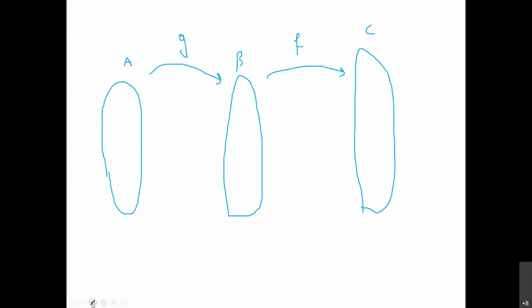The definition of surjective simply says for any element in C. So for any z in C, there exists x in A. So here I have an x such that f round g of x equals z.